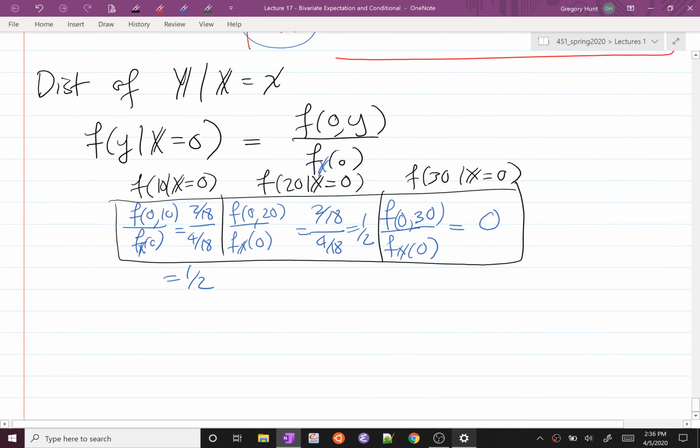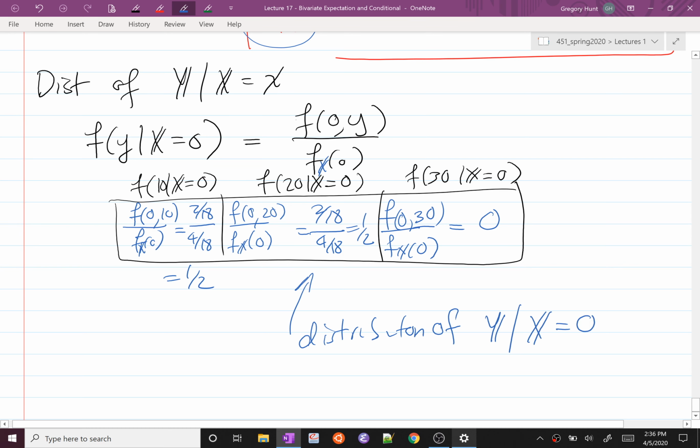So this is the distribution of y given x is 0. The probability y is 10 given x is 0 is 1/2. Probability y is 20 given x is 0 is 1/2. Probability y is 30 given x is 0 is 0. So it's a univariate random variable.